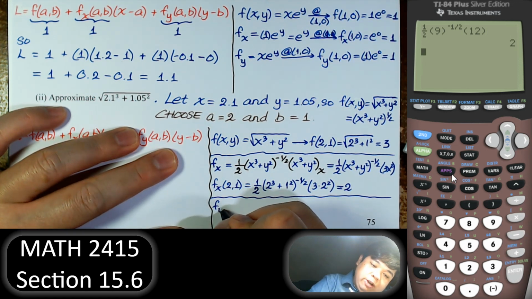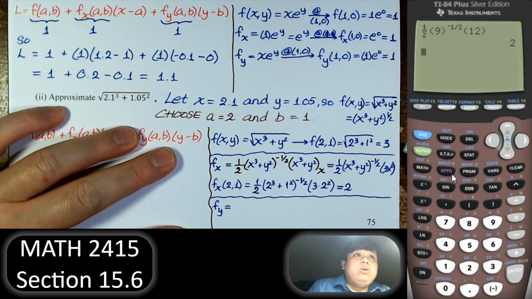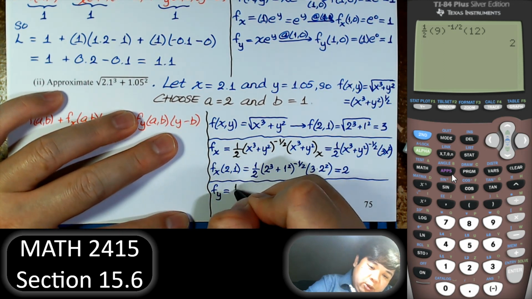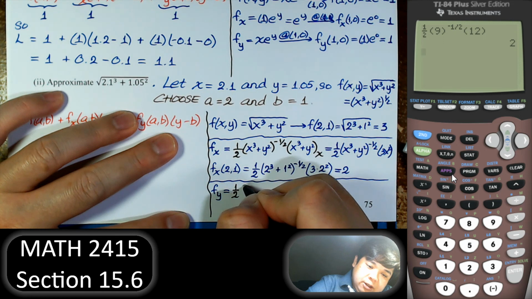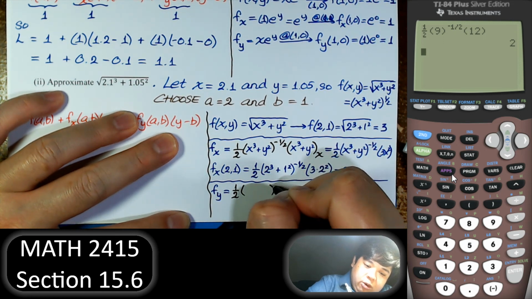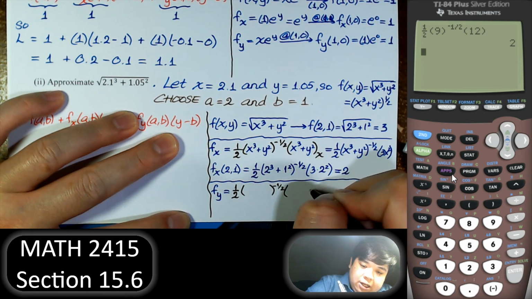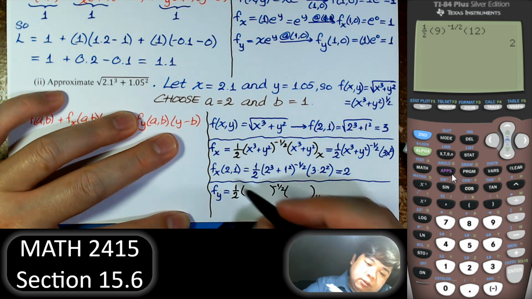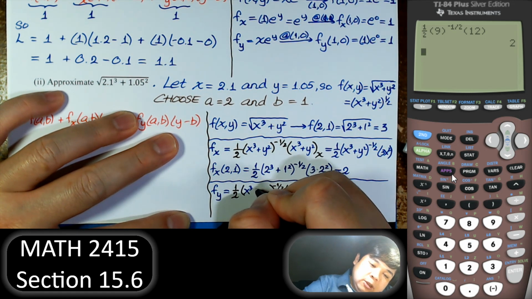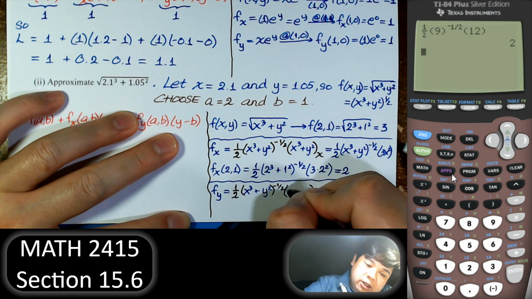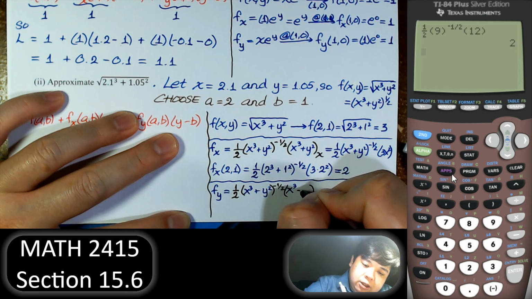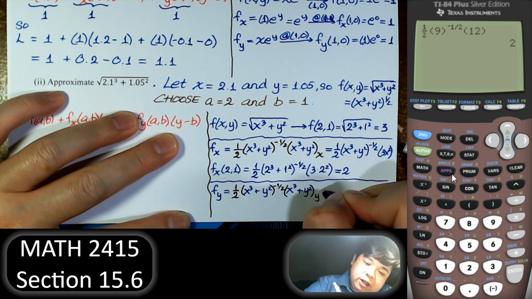And then we take the derivative with respect to y. Also the chain rule, 1/2 times this to the negative 1/2, and the derivative of x cubed plus y squared with respect to y.